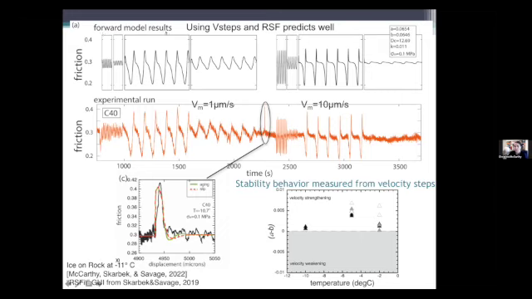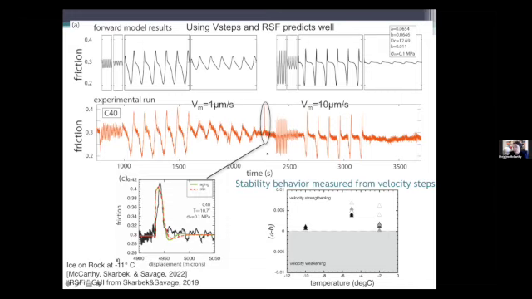If you use a forward model, which is just a very simple elastic 1D slider block, and for the velocity you put in a sinusoid, and you put in the rate state formulation equations and the parameters you got from that one velocity step shown here in the inset, and then you run it for these different frequencies and amplitudes, then you can predict a pretty similar response. I think it does a really great job of predicting the behavior.